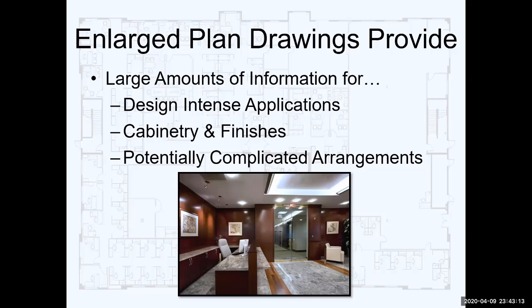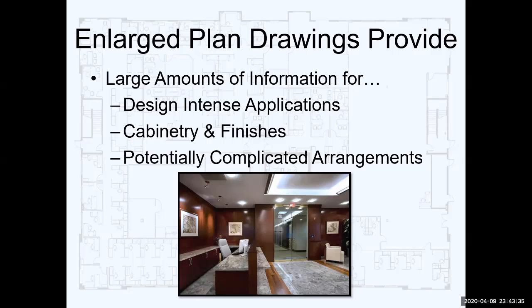So as we're looking at how we're going to articulate what material goes next to what material, and how the different parts and pieces come together, it's just easier to do it in this way. As a result, you're going to see these plans and drawings get much bigger in scale.